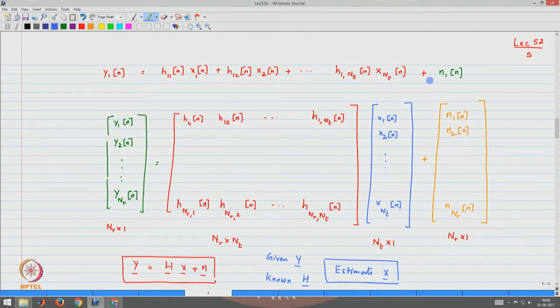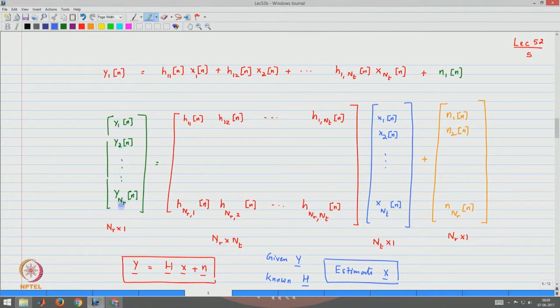And of course, the receive antenna 1 will have a component of noise, which corresponds to the thermal noise in the receiver electronics. So, if we were to write down for each of the NR receive antennas, we would get the expression in the form of a matrix, where the dimensions of the matrix are important.